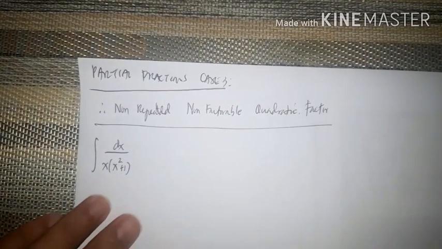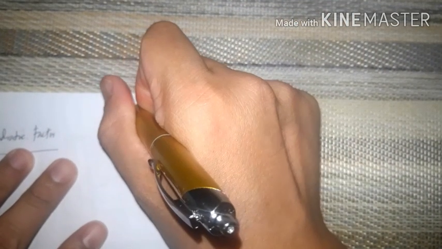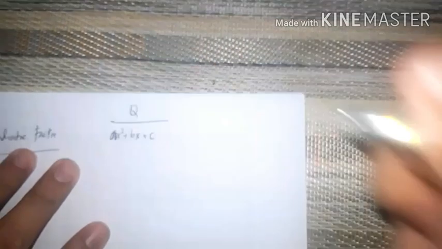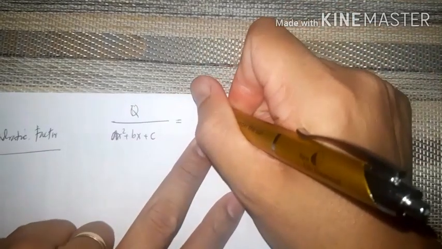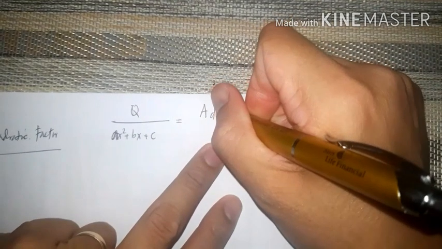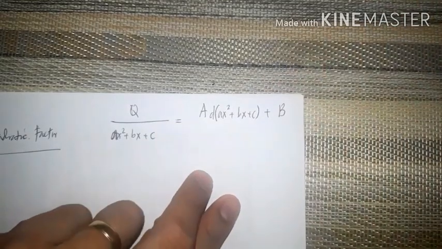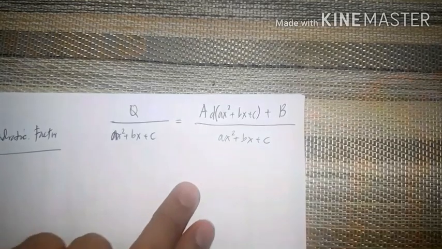So, in that case, say for example, if I have here say q over ax squared plus bx plus c, which is a non-factorable quadratic factor, this is equivalent to a partial fraction a, that's an arbitrary constant, multiplied by the derivative of that denominator ax squared plus bx plus c, plus another arbitrary constant b over that denominator ax squared plus bx plus c.